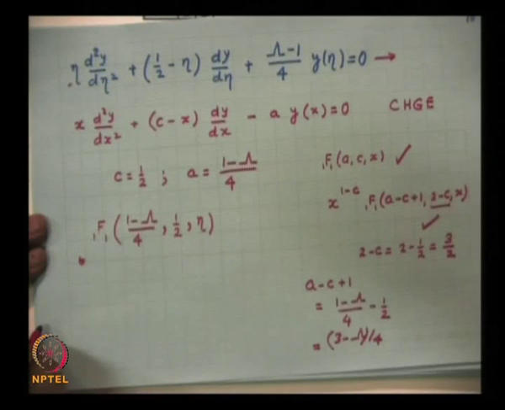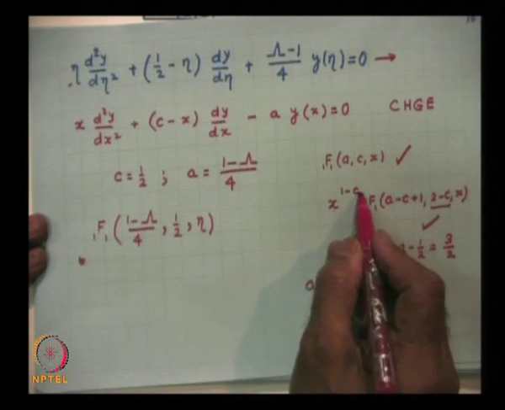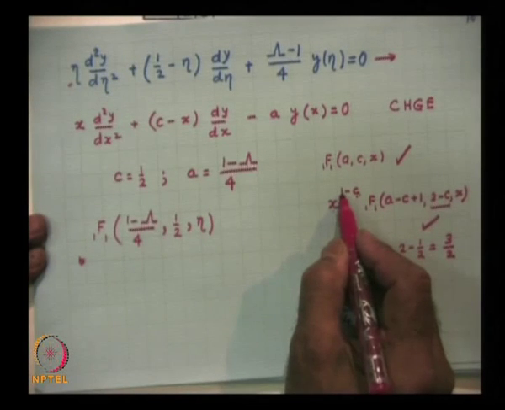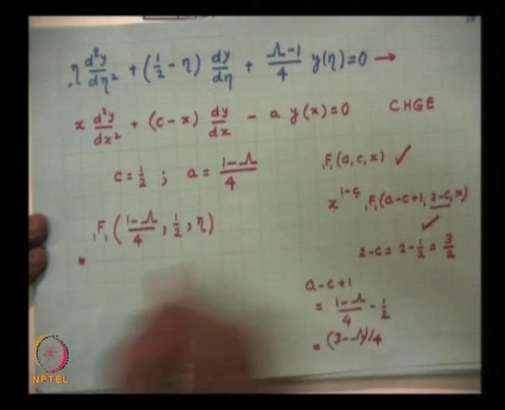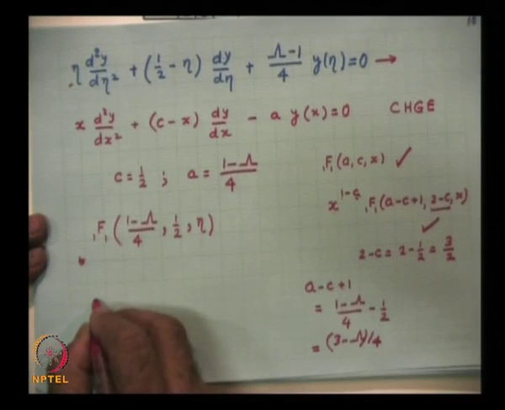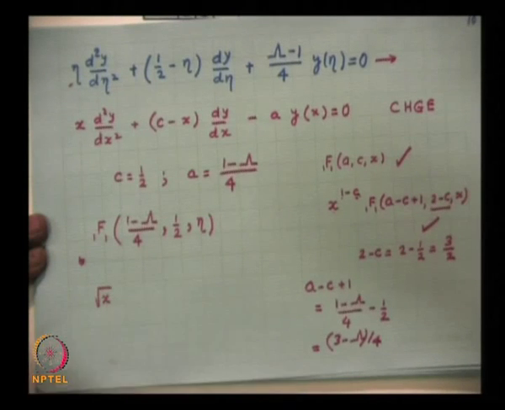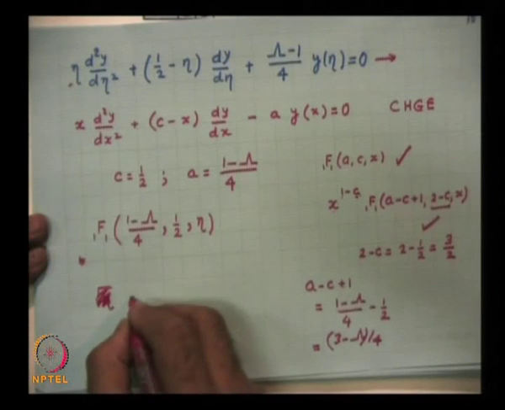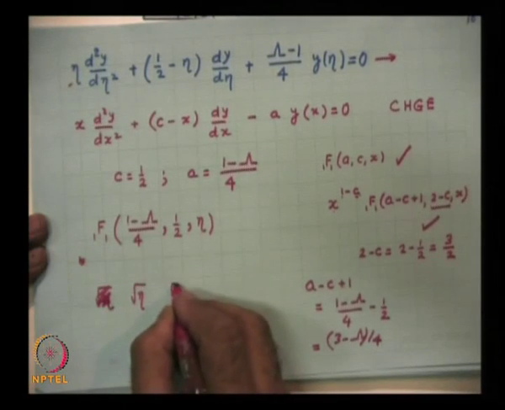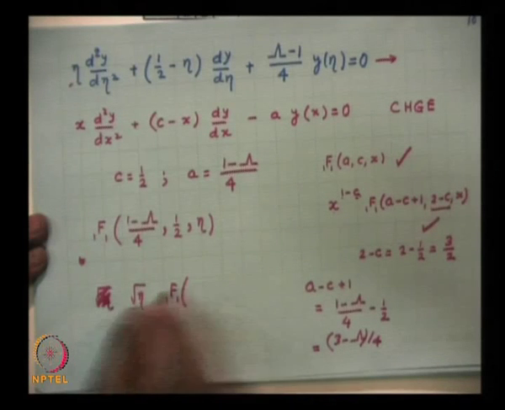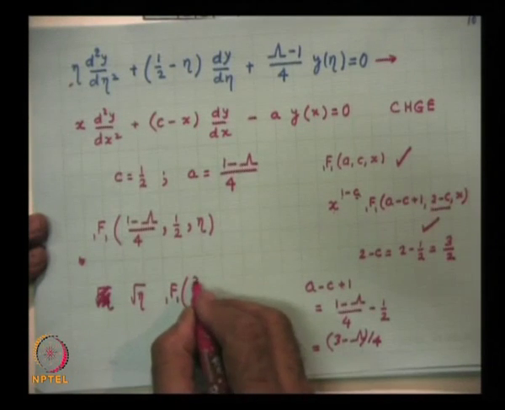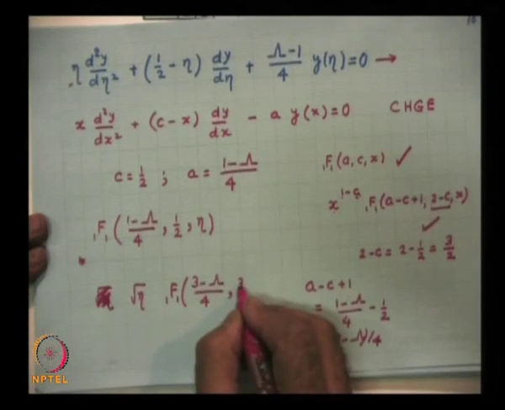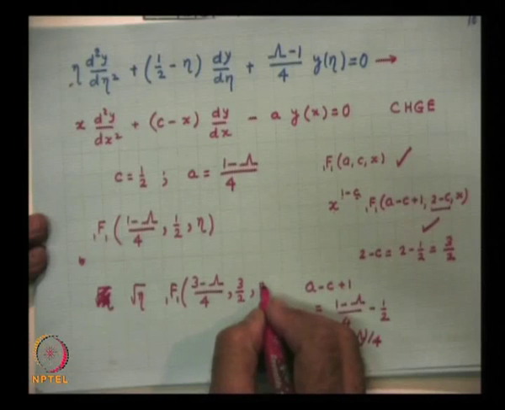This is one solution, and the other solution is x to the power of 1 minus c. C is half, 1 minus half is half. So, that is square root of x, square root of eta, F11 3 minus lambda by 4 comma 3 by 2 comma eta.